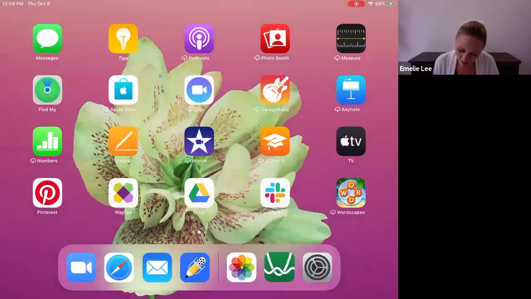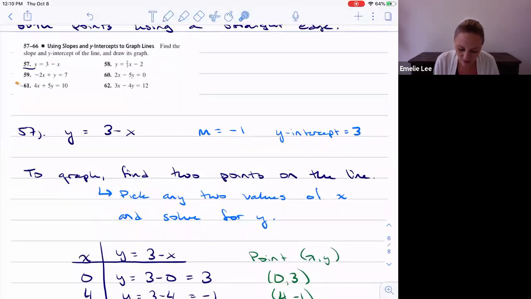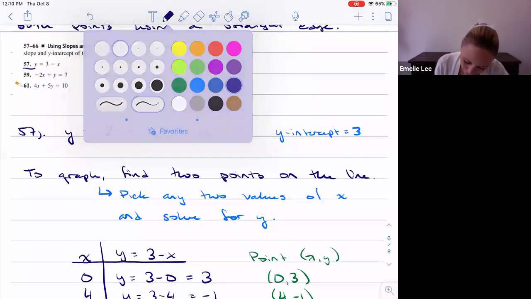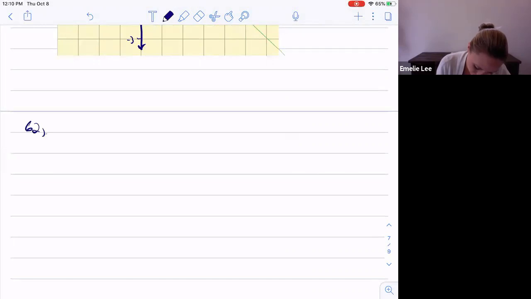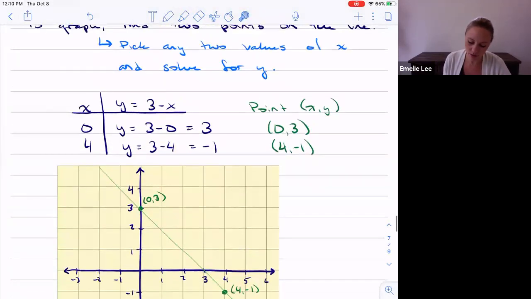So let's also do 62 just for a little bit of an exercise in solving for y and that kind of thing. If you have 3x minus 4y equals 12, it's going to be easiest, especially when you go and find your points, if you've already solved for y, especially because you're going to use it twice.